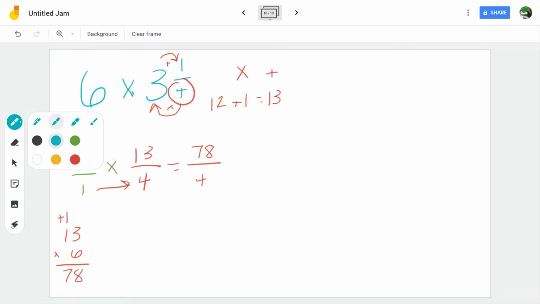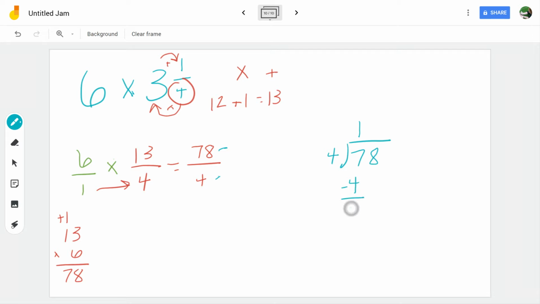So let's do 78 goes inside the bracket. 4 goes outside the bracket, and now we solve it as usual. 78 comes from there, 4 comes from there, okay? How many times does 4 go into 7? Once. 7 minus 4 is 3.